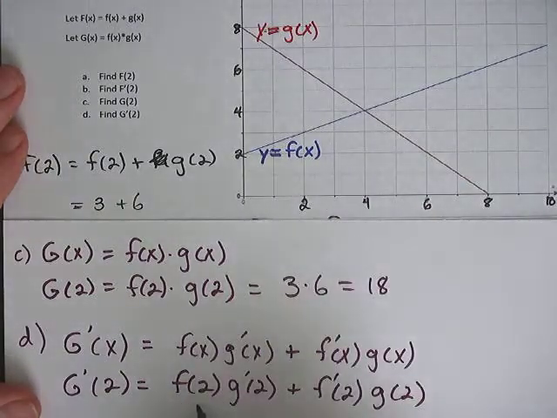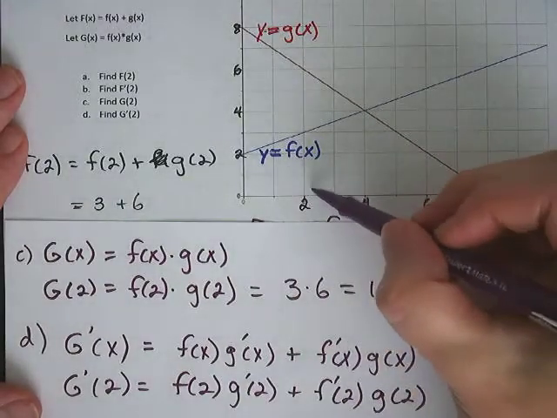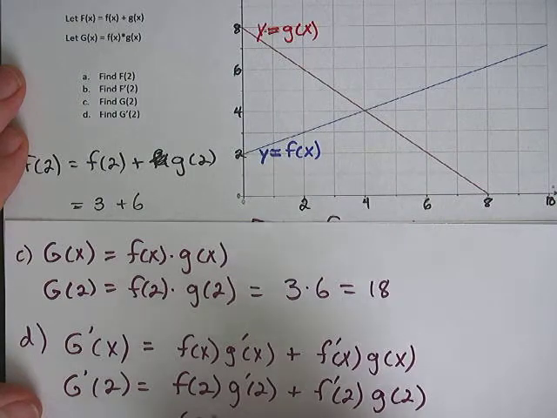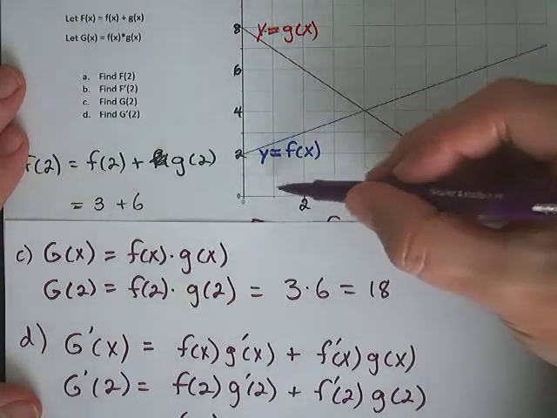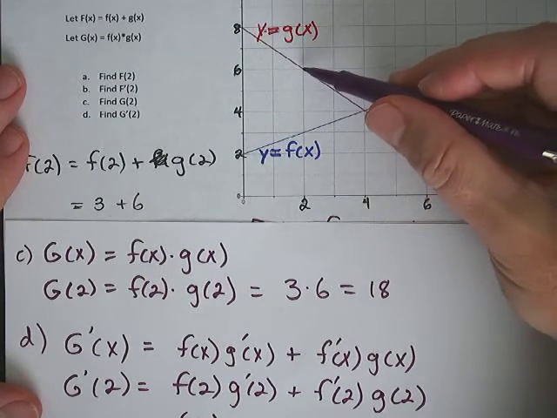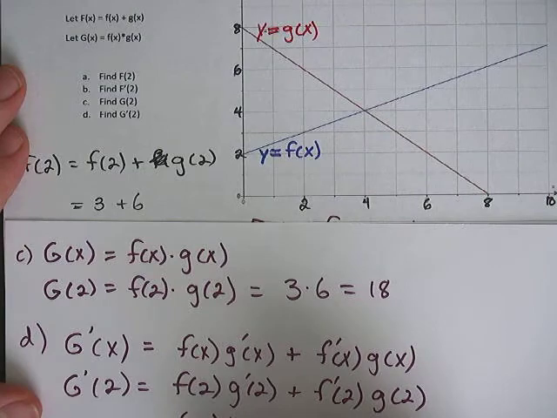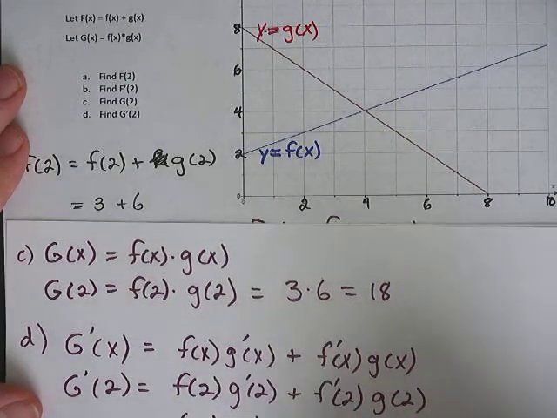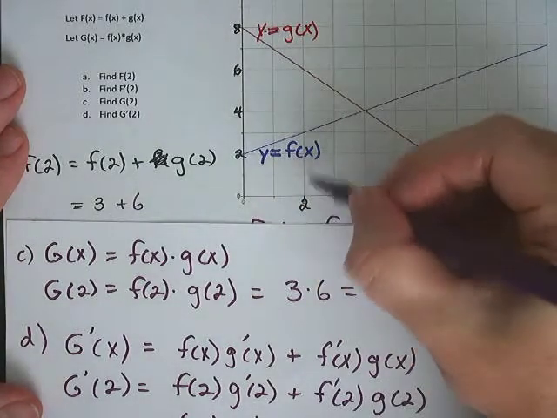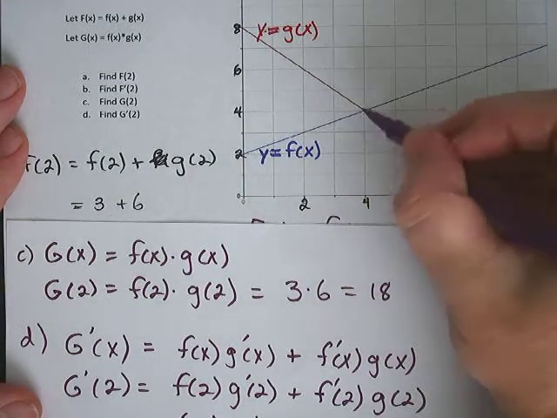So this is the function value at 2 of f, which is 3. And then it's the slope of the g function at 2. Remember, we found that earlier. It's negative 1 because it goes down 1 over 1. So that's negative 1. Plus, now we have the slope at 2 of the function f. We found earlier that's 1 up, 2 over, so 1/2.